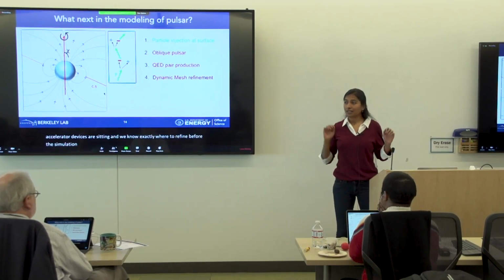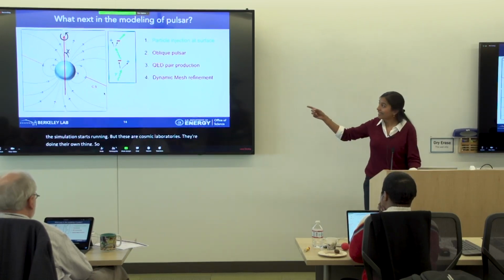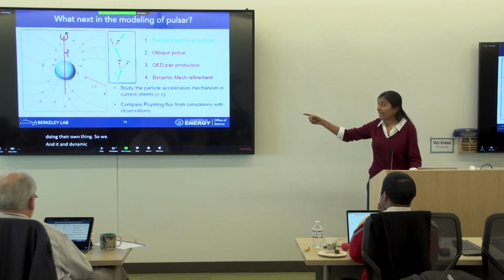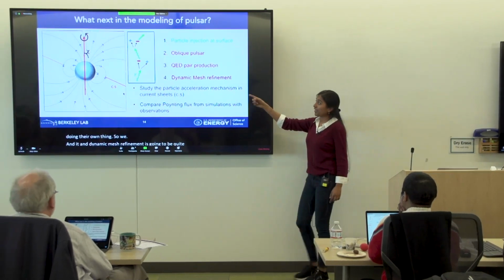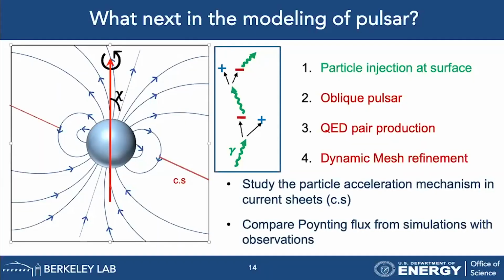But these are cosmic laboratories. They're doing their own thing. So dynamic mesh refinement is going to be quite challenging to do to ensure that it works correctly. Once we do all of these, we'll be able to study the particle acceleration mechanism at this current sheet, and also compare what happens due to the microscale effects with the macroscale effects that are observed for pulsars.